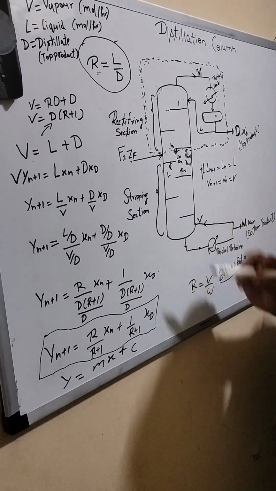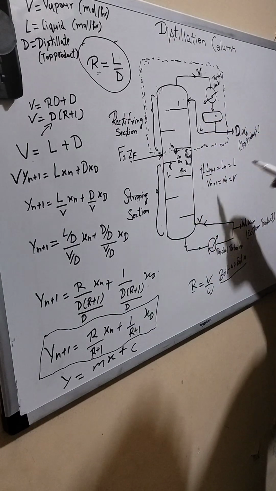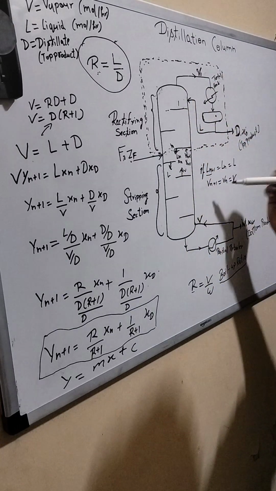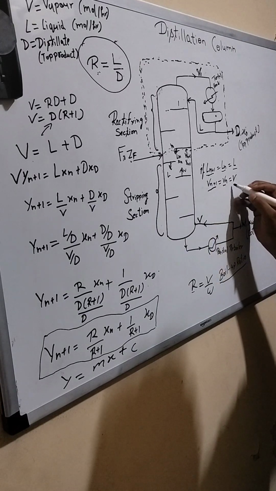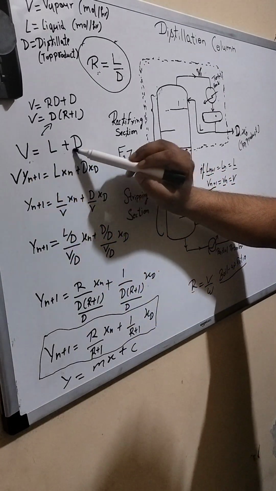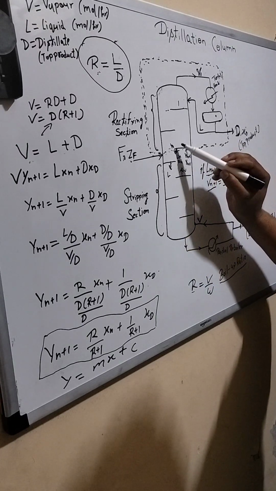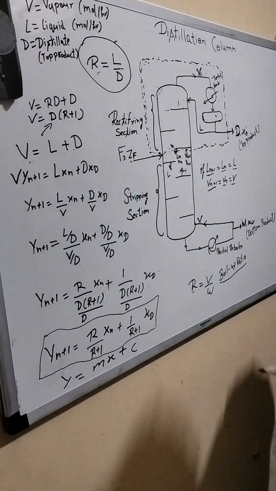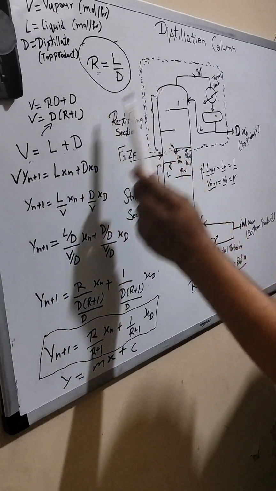Now, if we consider the flow rates of the liquid and the vapor to be the same across the column, Ln plus 1 equals Ln equals L, and Vn plus 1 equals Vn equals V. What goes inside comes out, so V is equal to L plus D. From the above relation we know that L is equal to RD.